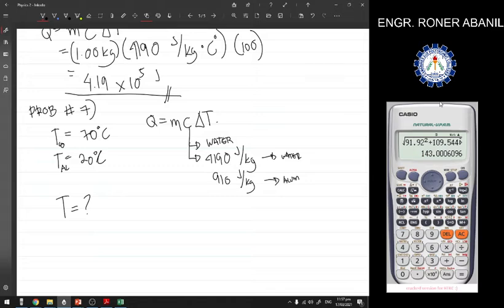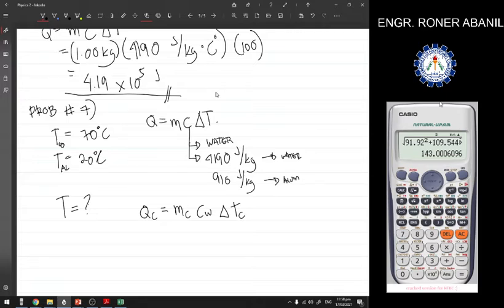Yung heat na magigain ng coffee is negative, kasi siya yung nagbibigay ng init, lalamig siya. So, QC, ibig sabihin yung heat ng coffee, equals mass ng coffee, tapos C ng water, tapos change of temperature ng coffee.